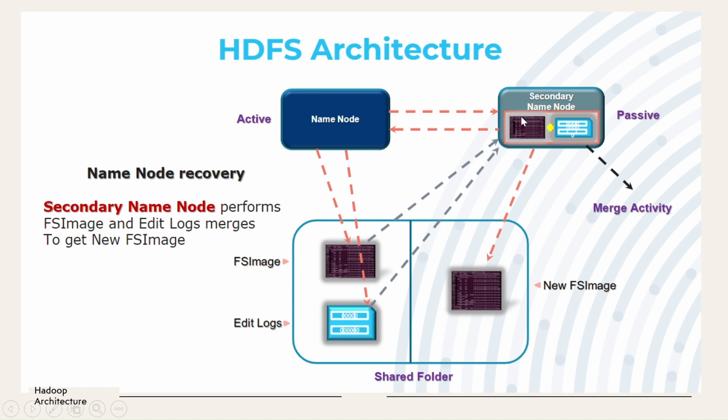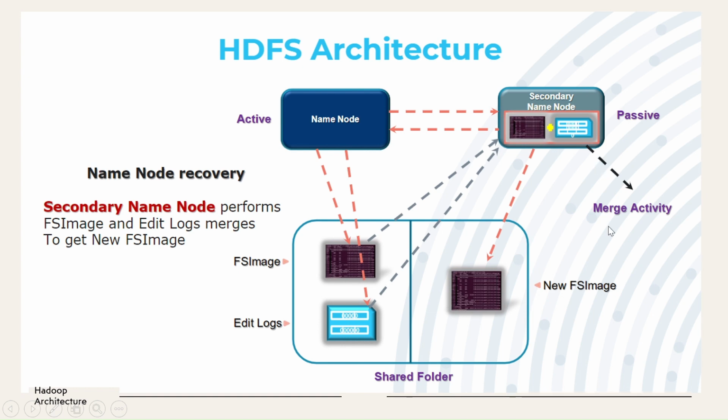So, name node recovery. Just take an example: if the name node goes down, then the secondary name node will become active and it will work like a name node. Till that time the secondary name node is in passive mode, doing the merge activity.